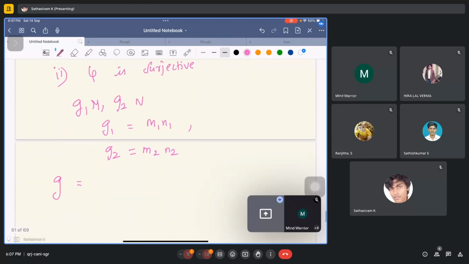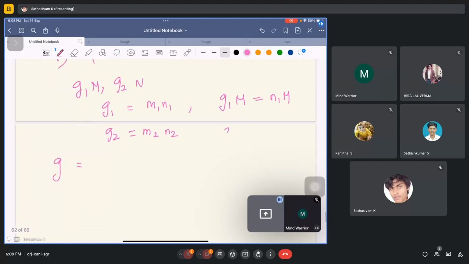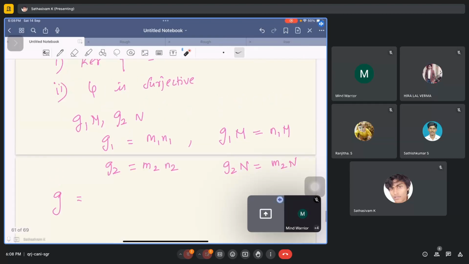Okay, so you have this, right? If you have this, you can also observe that g1M is nothing but n1M, okay? And also g2N, if you compute here, this is nothing but m2N. Because this M will go inside this M. So when you do the coset, these cosets are the same, because this M is a normal subgroup.